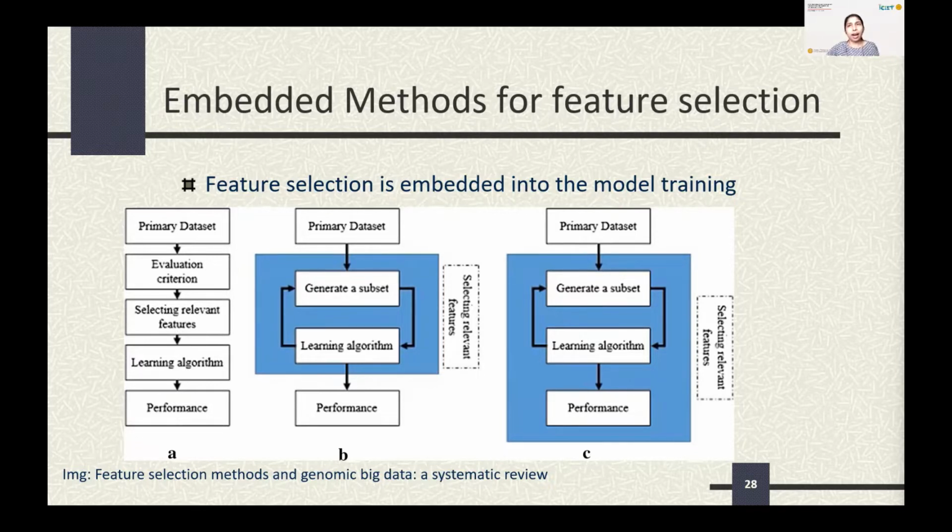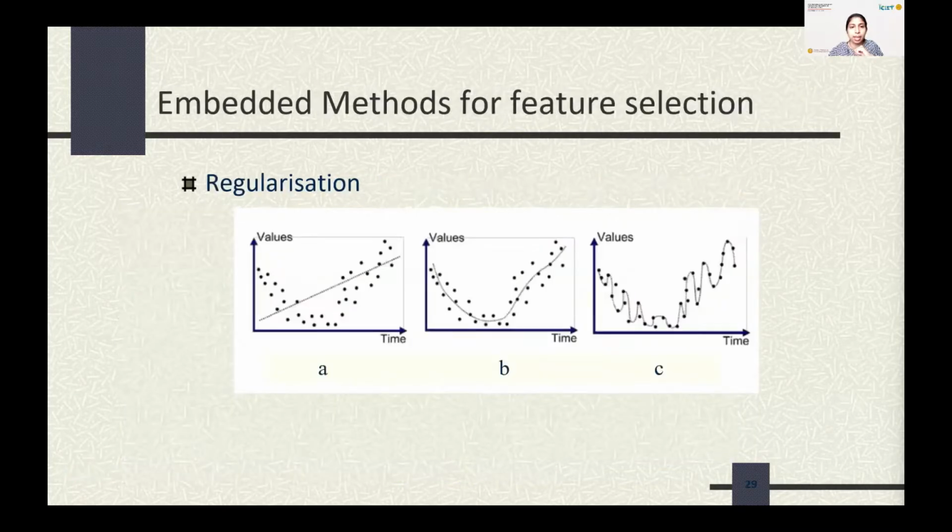I thought of introducing two embedded methods for feature selection during this workshop: the lasso method and the tree-based feature importance method.